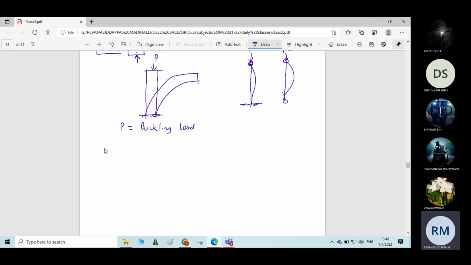So to find the expression for this buckling load, we have Euler's column theory.